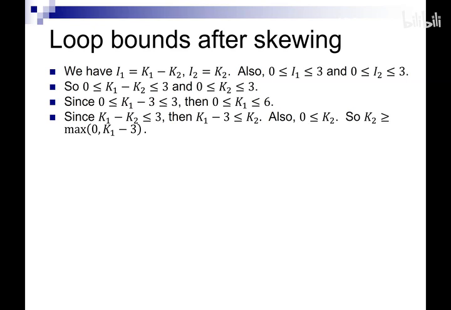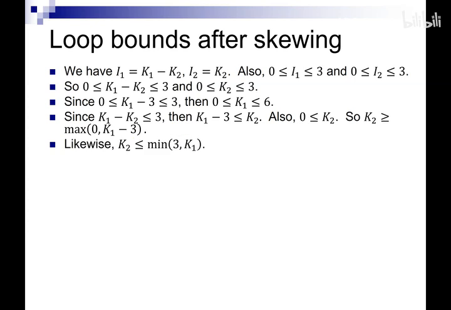If you start with this, then you get this inequality: K1 minus 3 is less than K2, and also 0 is less than K2. So K2 is at least K1 minus 3 and at least 0. So K2 is going to be at least the maximum of 0 and K1 minus 3.